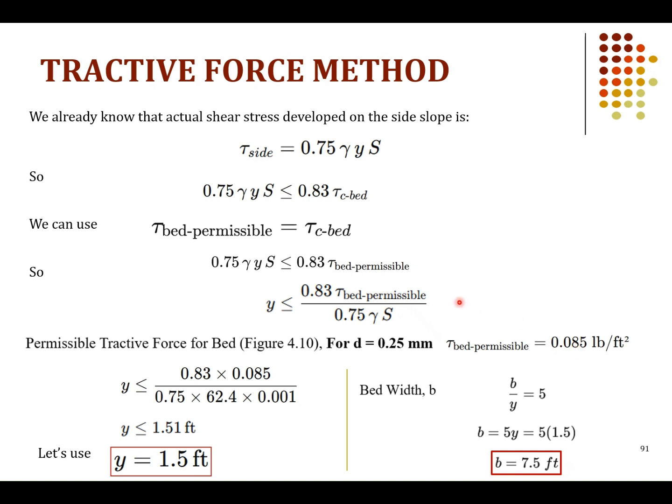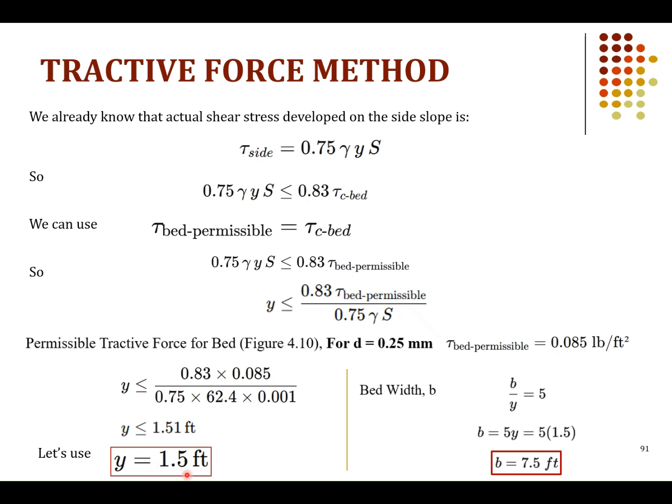So you plug this in place of tau bed right here, 0.0825. Gamma is 62.4 and S is 1 over 1000 or 0.001. You solve this, you get 1.51. So the depth you want to keep to avoid the erosion should be less than 1.51. So I'm just using 1.5.